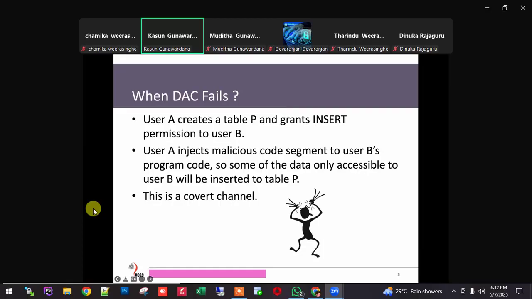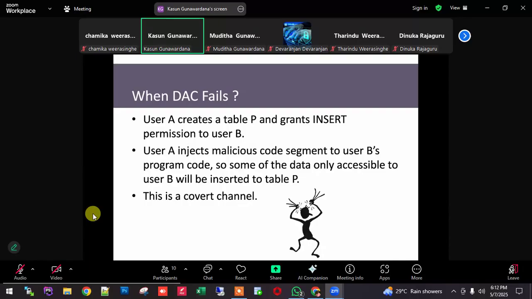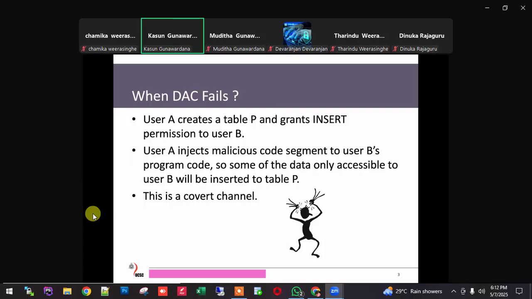So when does discretionary access control fail? Discretionary access control is mainly about ownership, who owns this object, so that the owner can decide the level of access or authorization, because the owner can grant the permission, and the owner can decide whenever the owner wants to revoke it, that privilege can be revoked.